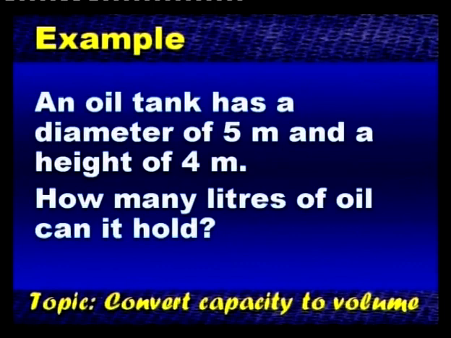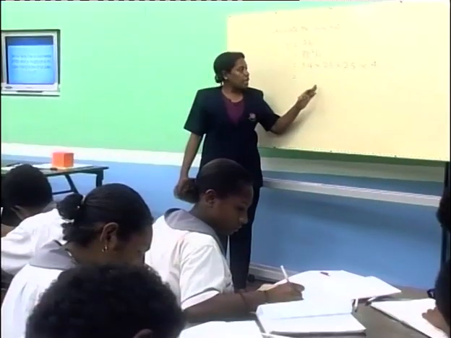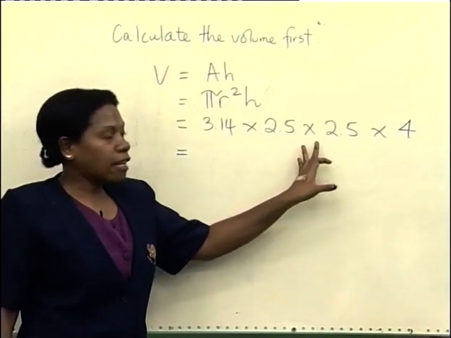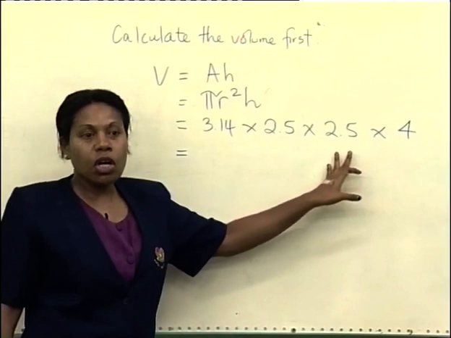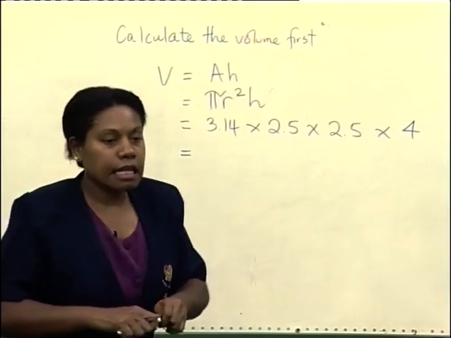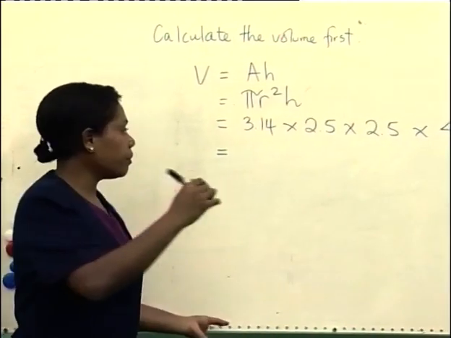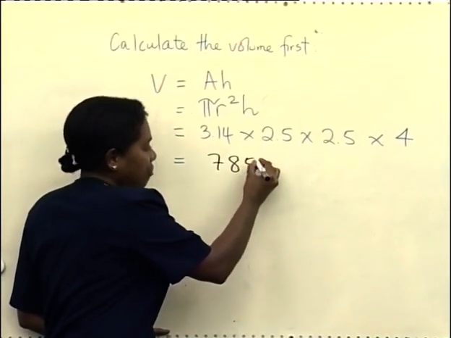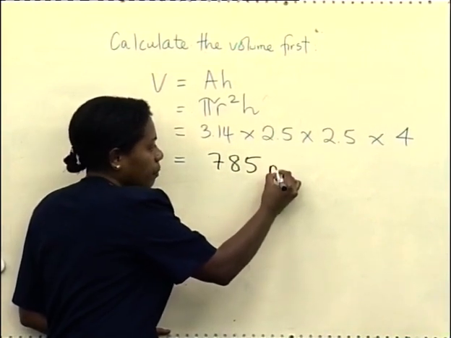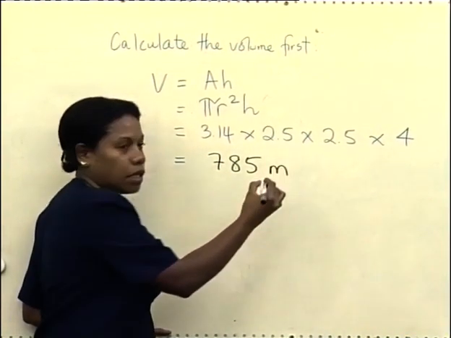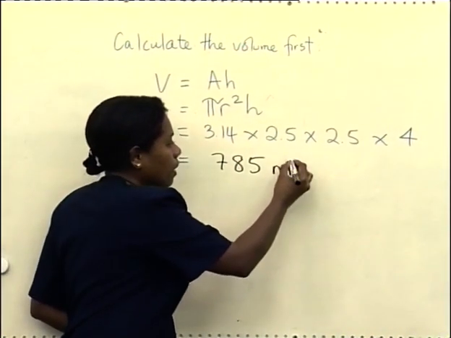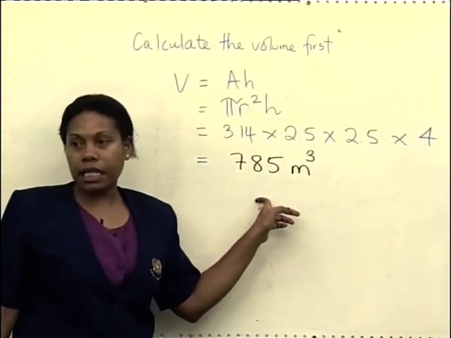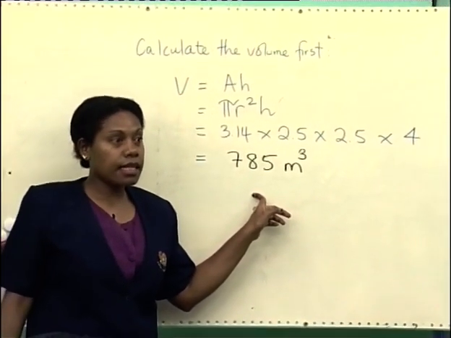Okay, class, receiving students and 8Es. If you multiply 3.14 times 2.5 times 2.5 times 4, you will get the answer 785. 785 cubic meters, yes?